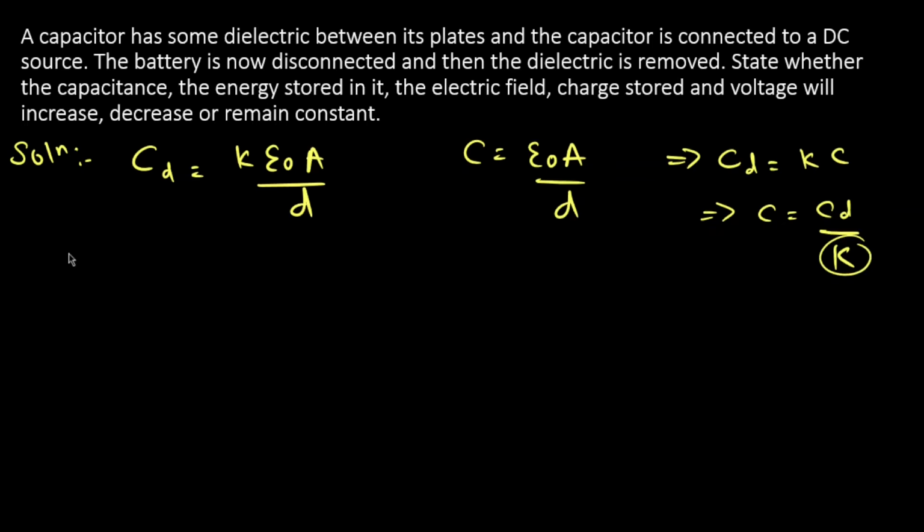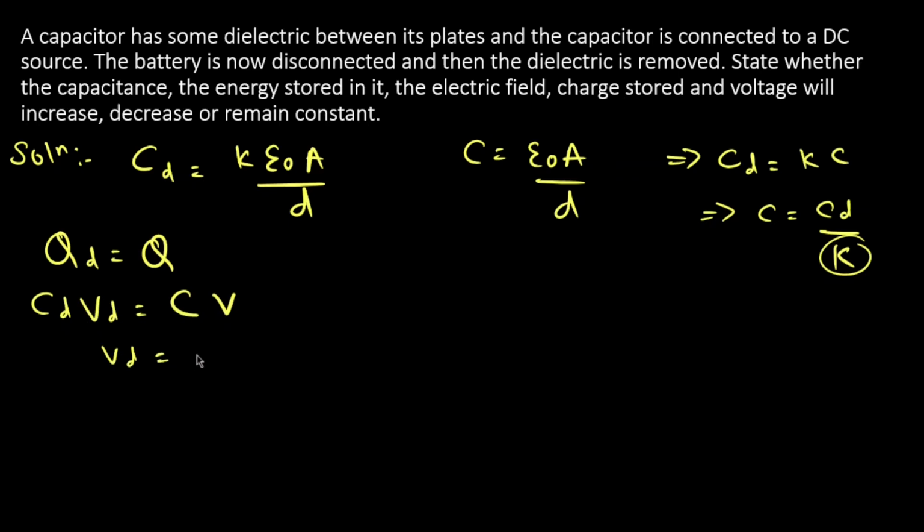Now we know that the charge stored in a capacitor will remain same when dielectric is placed or when the dielectric is removed. That is, QD is equal to Q. Now we know that Q is given by CV, so QD can be written as CD VD equal to CV.